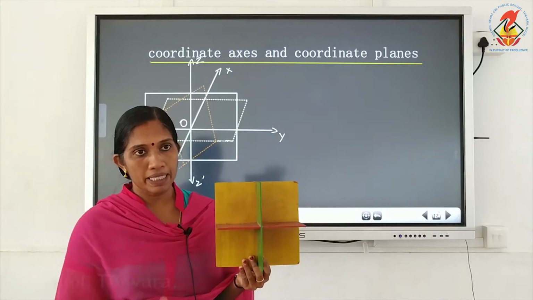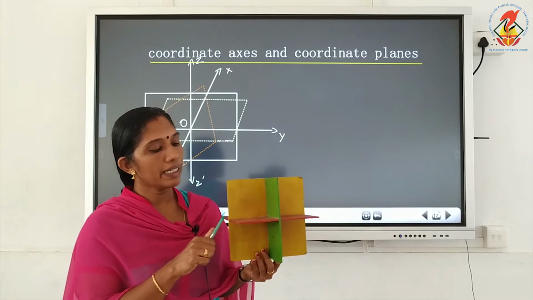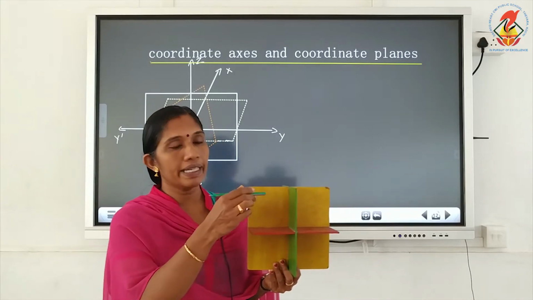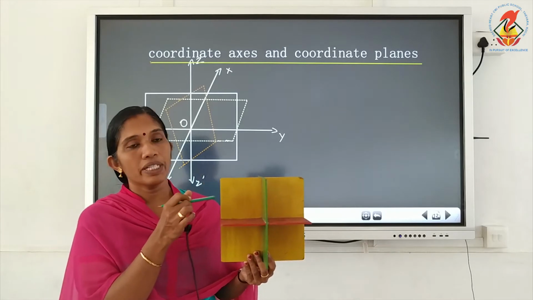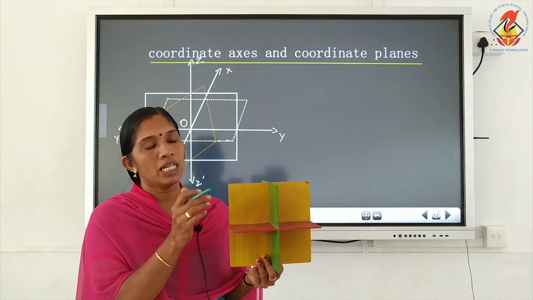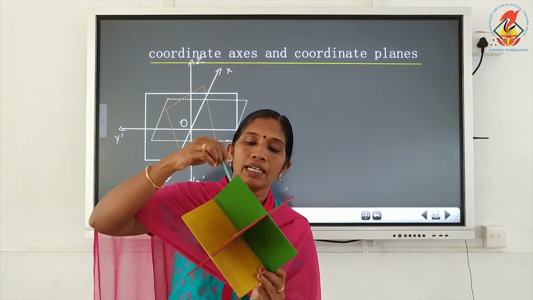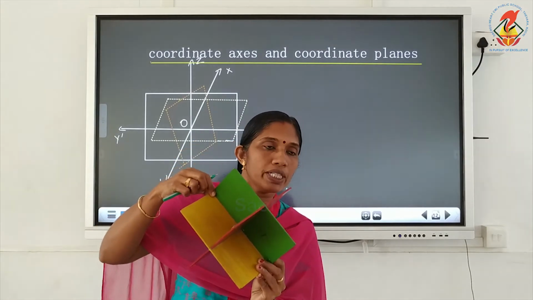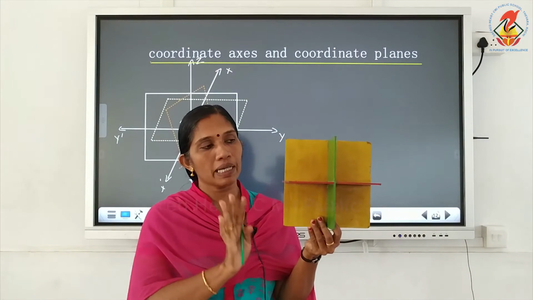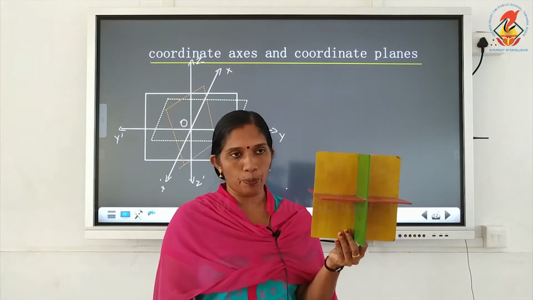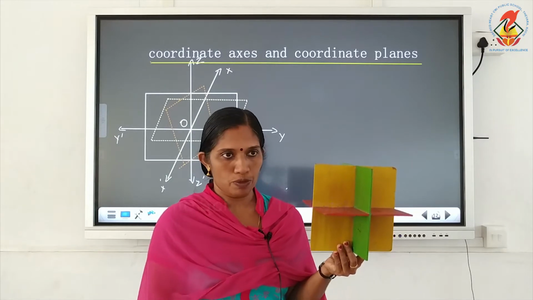The 3 planes are: red is the xy plane, green is the yz plane and yellow is the xz plane. These 3 planes intersect at a point known as the origin, this central point, O. These 3 are also mutually perpendicular.